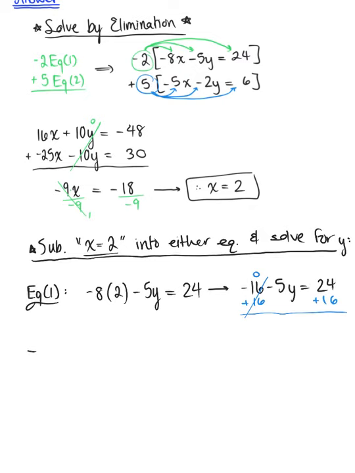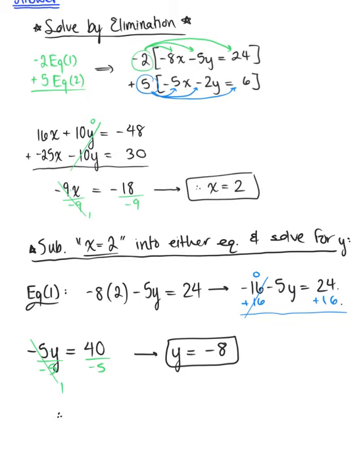And we're left with -5y is equal to 24 plus 16, which leaves us with 40. Then dividing both sides by -5, we see -5 divided by -5 goes to 1. And we know that -5 goes into 40 -8 times.